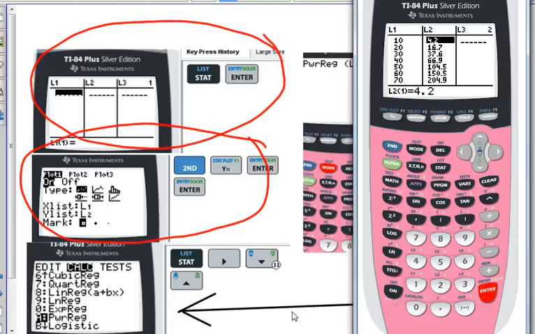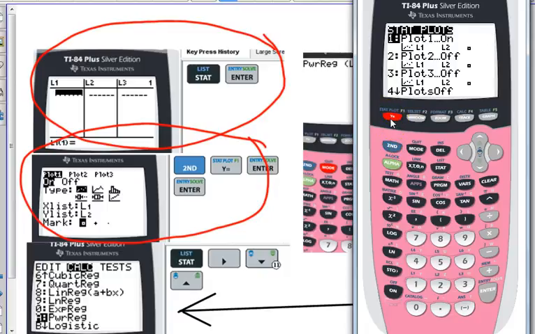Okay. I hear relatively little typing, so can I talk about how to turn the stat plot on? It's second, y equals. You want the first one to be on and the other ones to be off. We had a little trouble earlier today with people having multiple plots on.